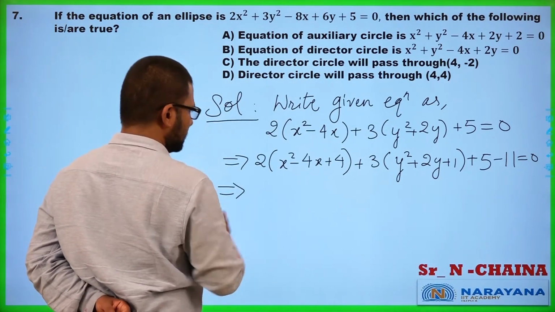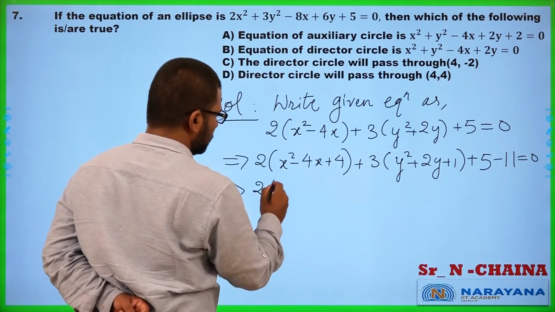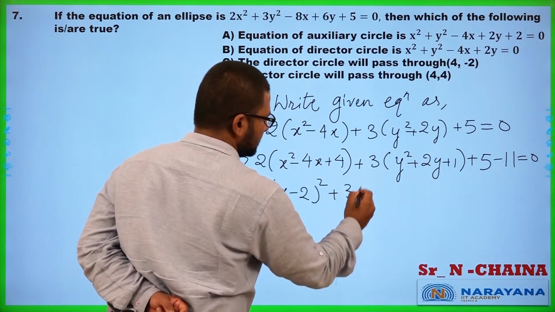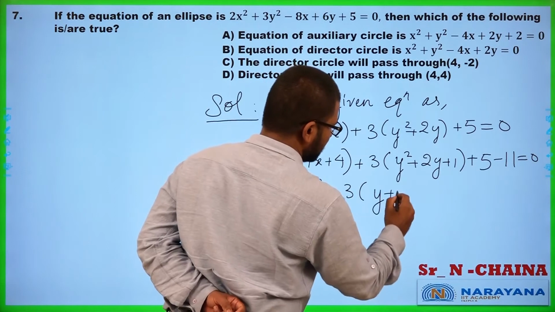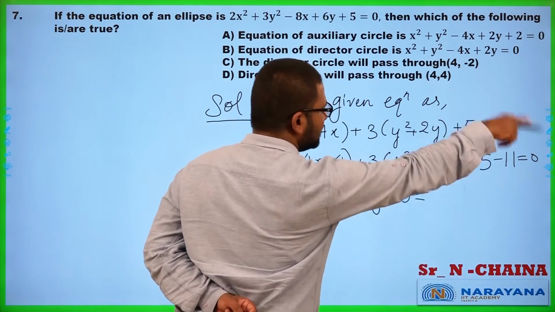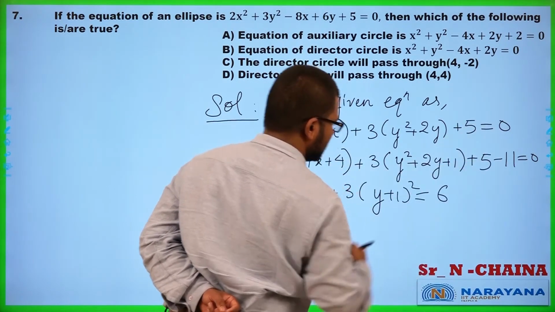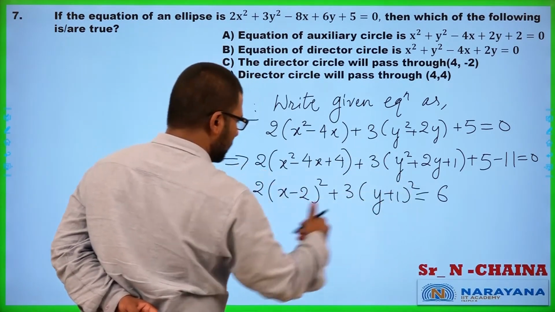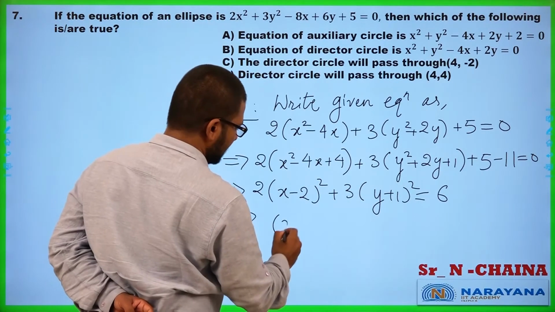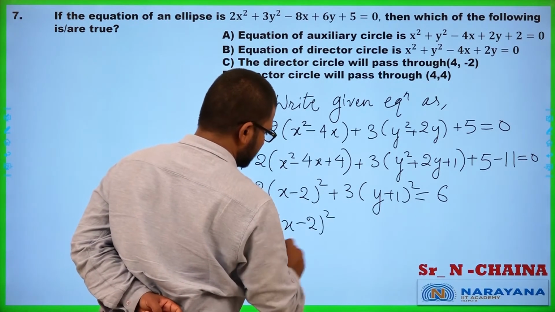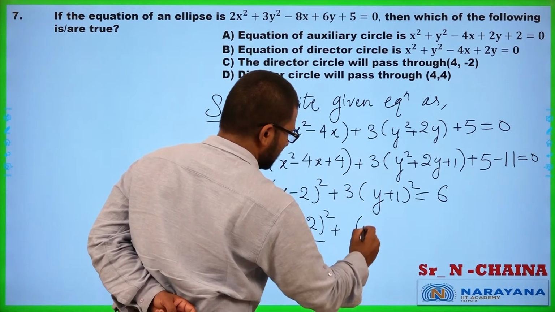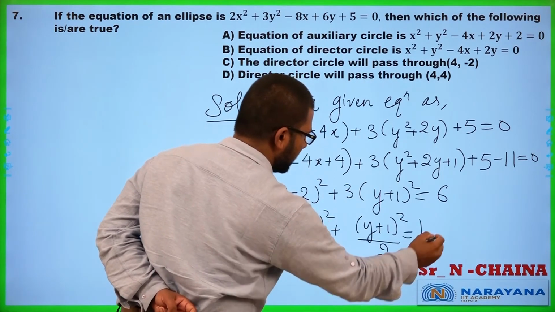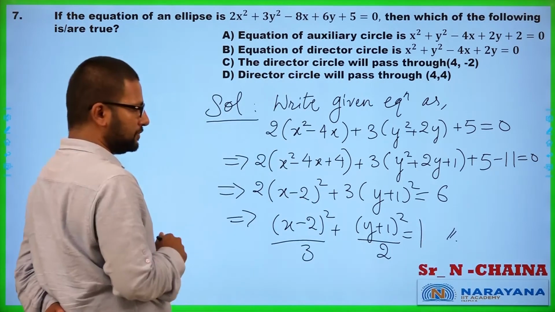Yes, so I can write it as 2 times (x minus 2) the whole square plus 3 times (y plus 1) the whole square equal to, on the other side, 11 minus 5 is 6, right? Now we need 1 on the RHS, so bring 6 down, we will have a nice equation: (x minus 2) the whole square by 3 plus (y plus 1) the whole square by 2 equal to 1, which is a shifted ellipse, right?